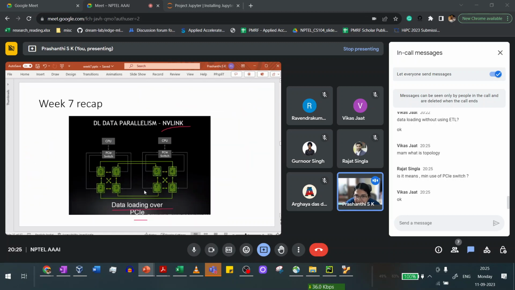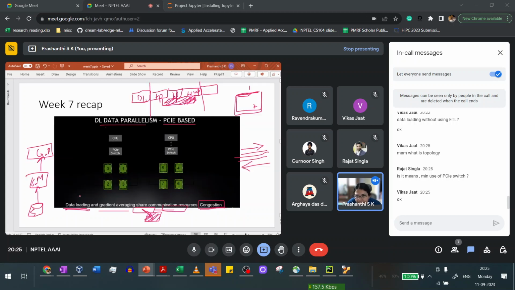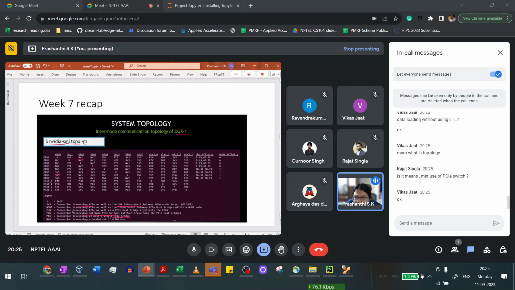Minimize use of PCIe switch. In a system where you have both NVLink and PCIe, definitely that's the first thing that I would expect it to do. Let's say you only had PCIe links, then also it might try to, for instance here, you saw this one standing for traversing a single PCIe bridge, traversing multiple PCI bridges. This might cause a little more delay.